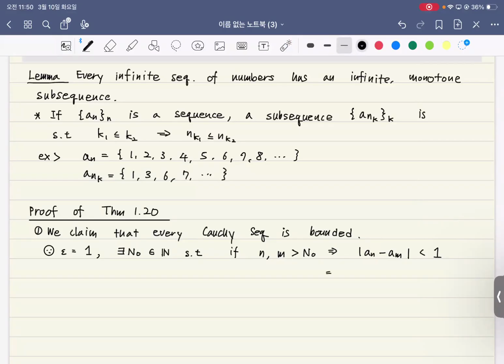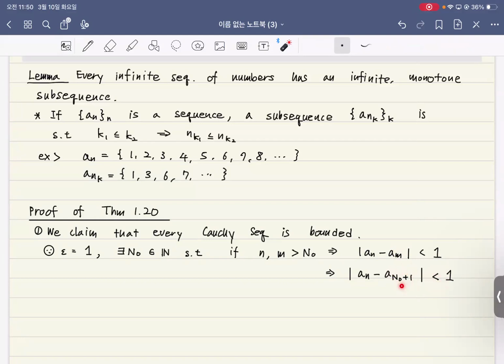Okay, all right. So in other words, |an - am|, and now I will replace m by n0 plus 1. Even if I replace m by n0 plus 1, I still have this inequality. Why?